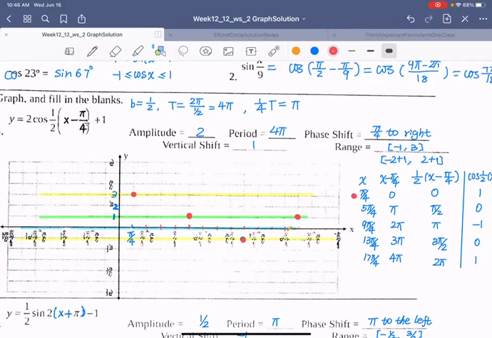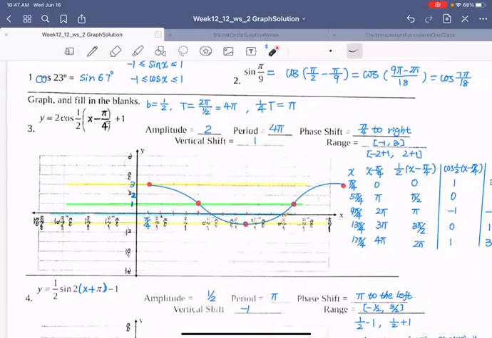Now we want to connect them by a smooth line, okay? You have good notes, you can draw it, okay? All right, that's the graph here.